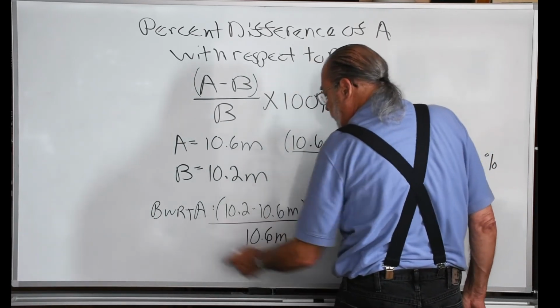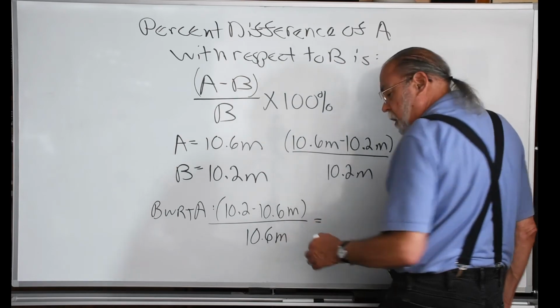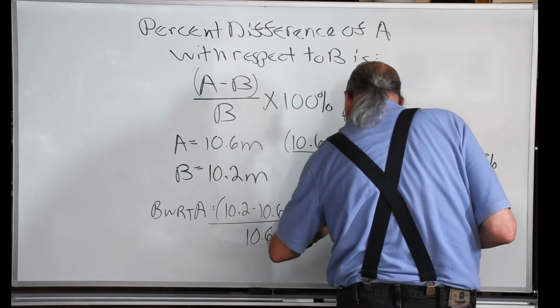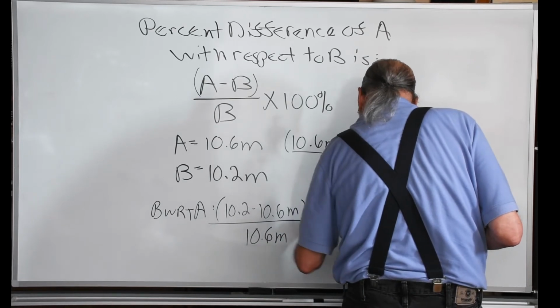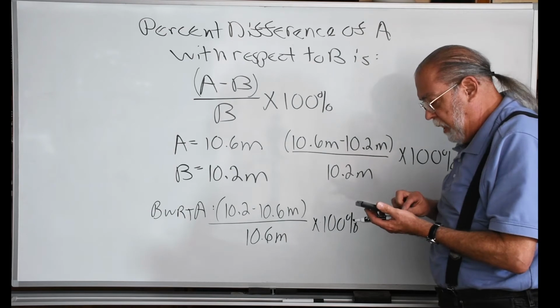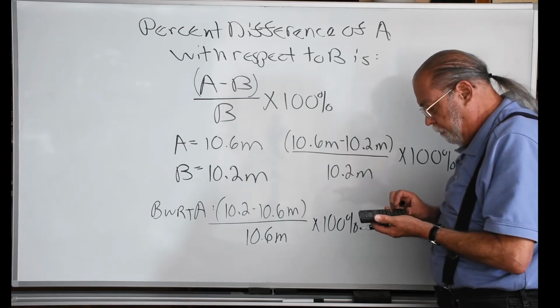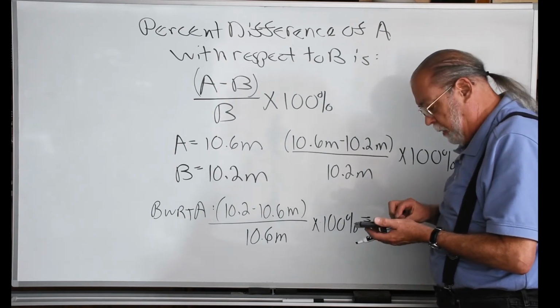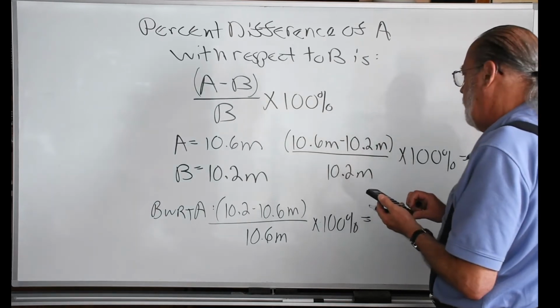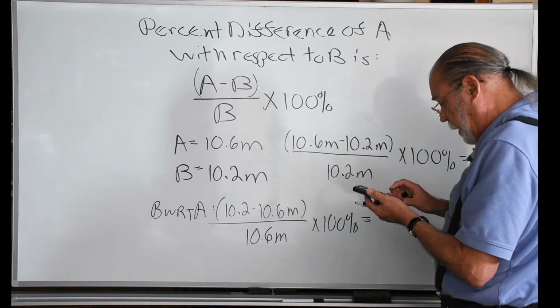Notice the change down here. With respect to A means A goes here and A goes here. Whoops, and we multiply that. Don't forget to write in the times 100%. You must include that to be mathematically correct. And in this case, 10.2 minus 10.6. Did I do the other one correctly?